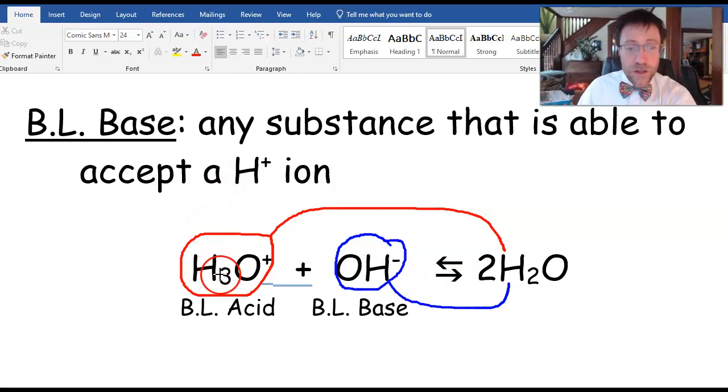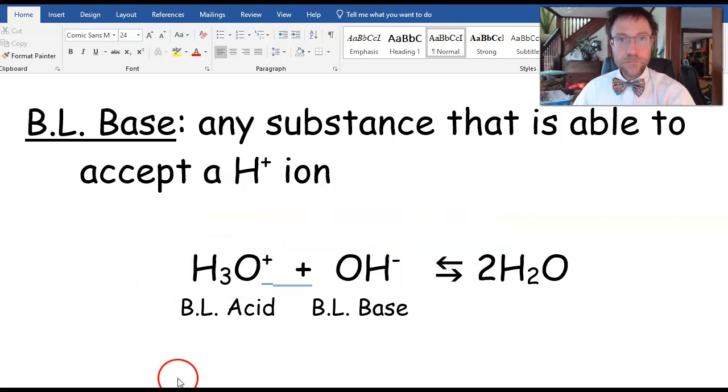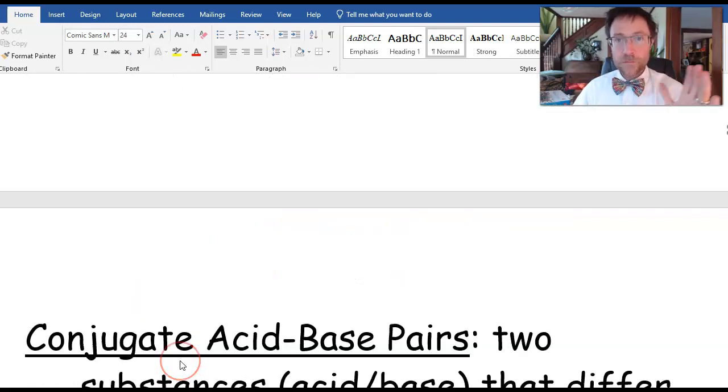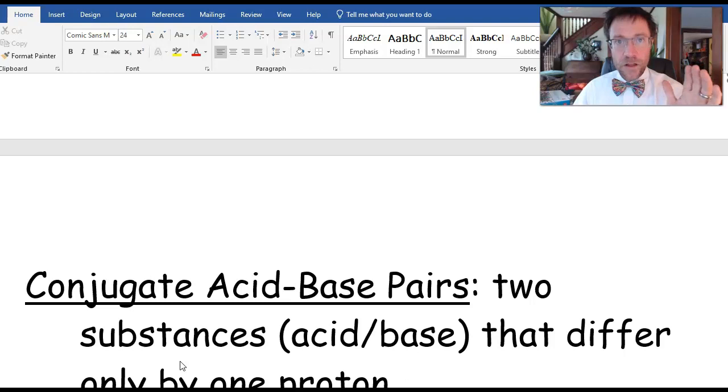Because this H3O has lost a hydrogen, this is a Bronsted-Lowry acid. Because this other one has absorbed a hydrogen, we call it the Bronsted-Lowry base. Are you guys with me on that one? Hope so. If not, that's okay. It'll get a lot more clear.